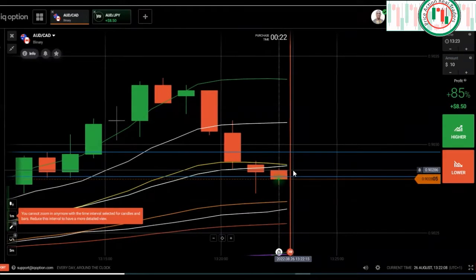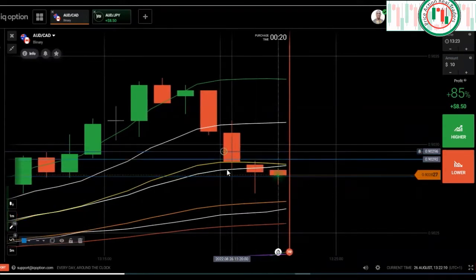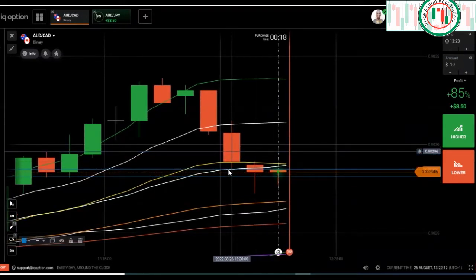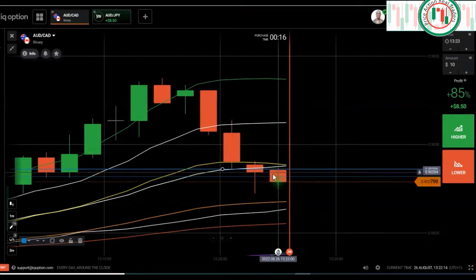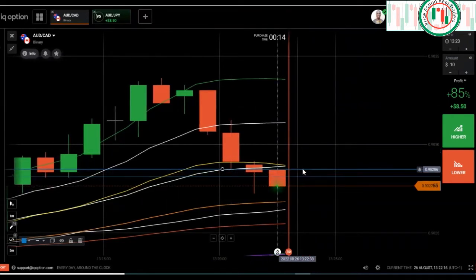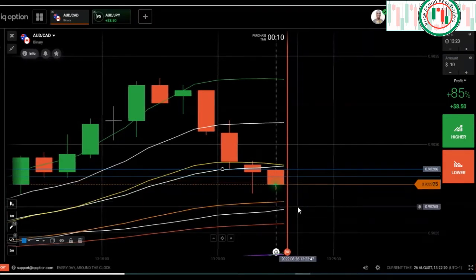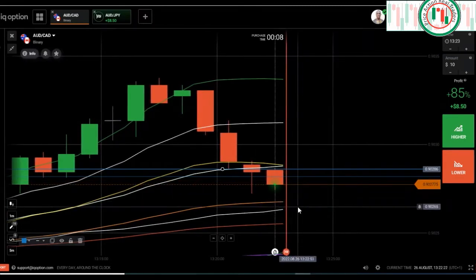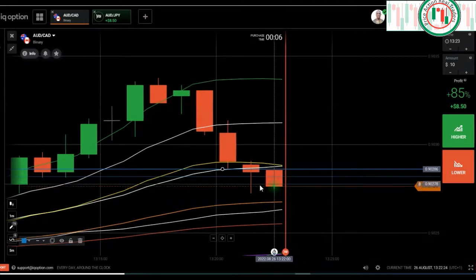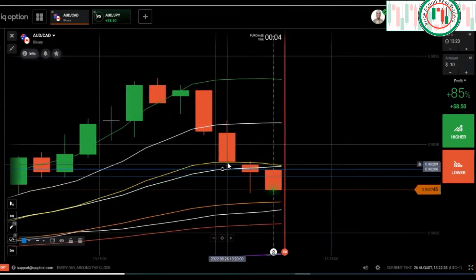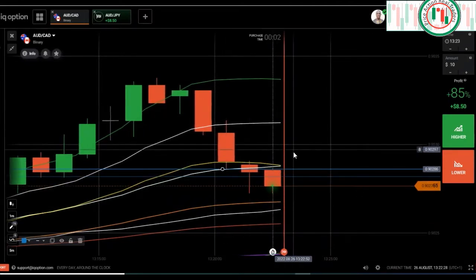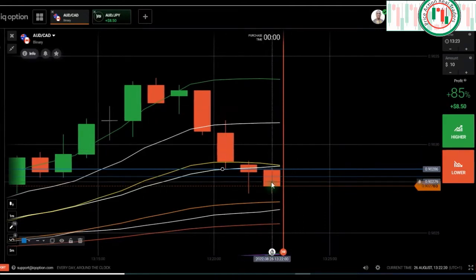So don't place your trade. You see here there is little bit gap up, still here you have 50-50 chance. So don't place your trade here. It's very dangerous to place your trade here. If you see gap down or gap up, market may still go down.